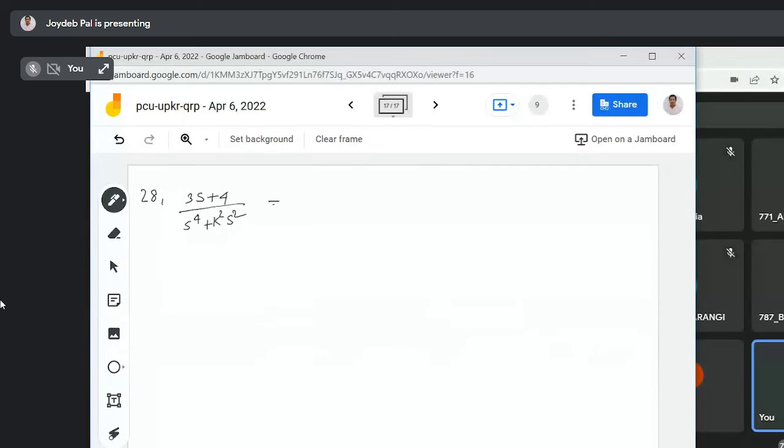Now look, from the denominator we can take s square common: s square into s square plus k square. Sir, can't we take s common and make it as f s by s? Actually that we have to do. It is a repeated application of that formula. Means two times we have to apply the f s by s form.